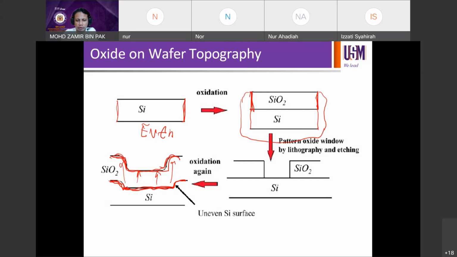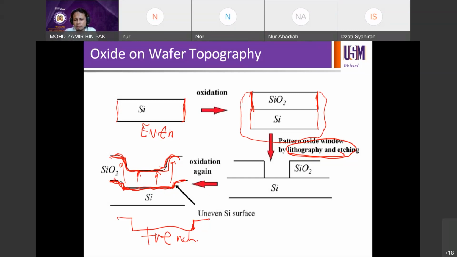Before you get this kind of structure, you can do lithography and etching first, but this one I don't cover yet. Before you come to this kind of structure with a trench, this one we call a trench, like a drain.